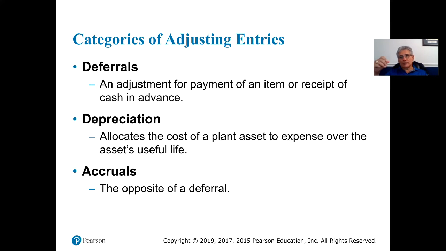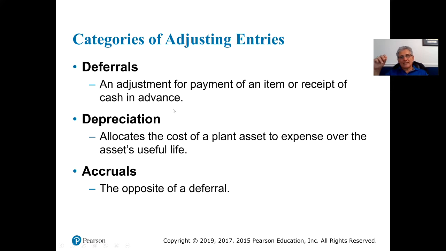So if I write a check out for $12,000, then from an accounting perspective, I really only have $1,000 for that particular month of expense. And then I have a prepaid for the remainder of the 11 months. Deferrals simply mean just that. We have an adjustment for a payment of an item or receipt of cash in advance.